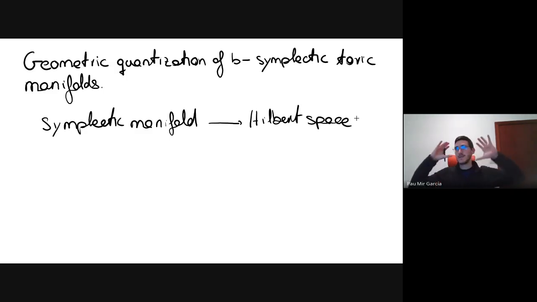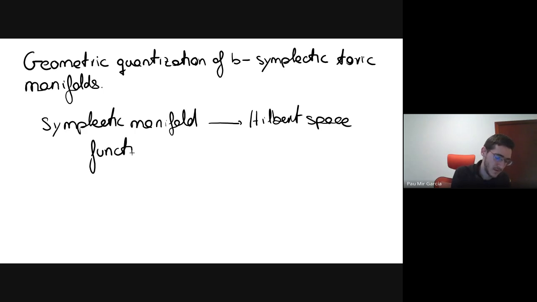Essentially, apart from transforming a general symplectic manifold to a Hilbert space, you also want smooth functions on the symplectic manifold to be mapped to operators in the Hilbert space.